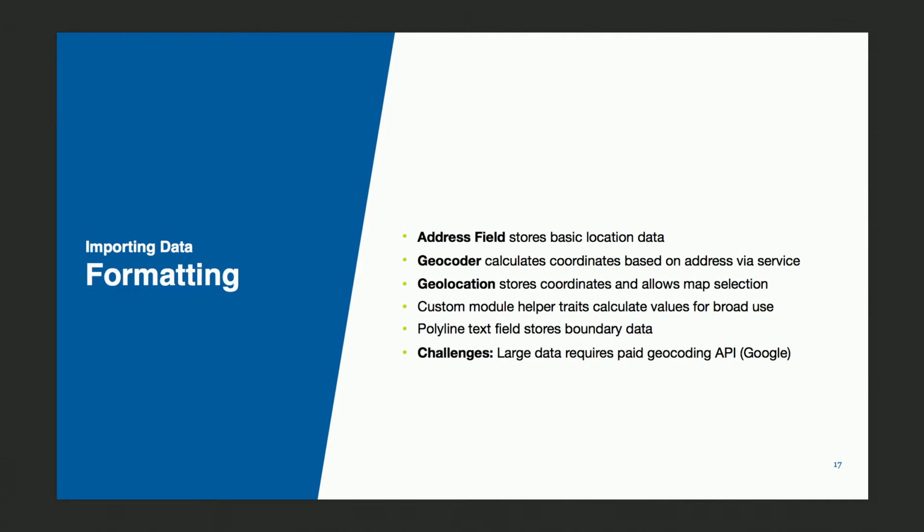The challenge of all of this coordinate generation is that the amount of data that we had for this project, and any large project, would require paid geocoding because there's a lot and we have to do it quite often. So we used the Google API and a paid account, and we're doing some heavy dev work. During that time, we would reach our limit for the day.